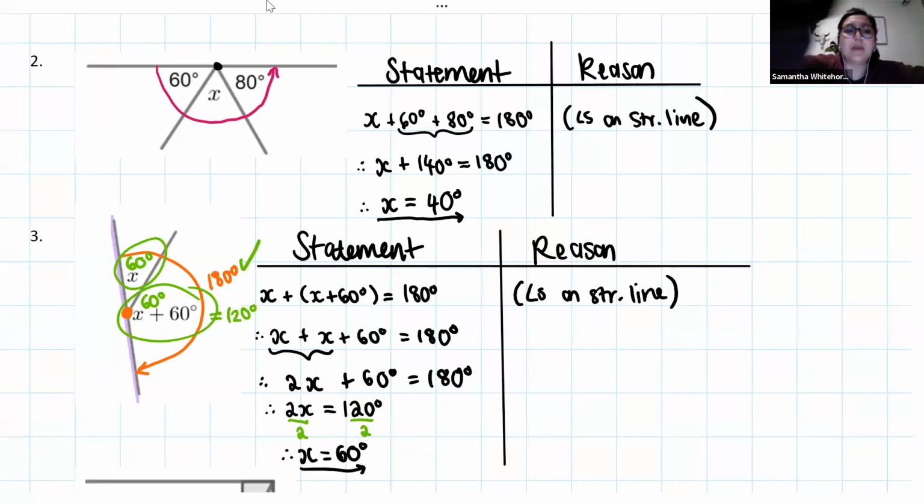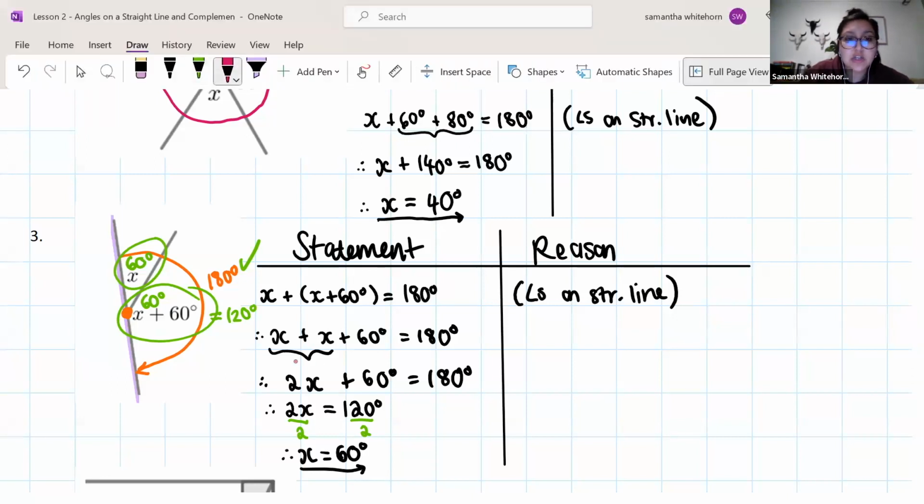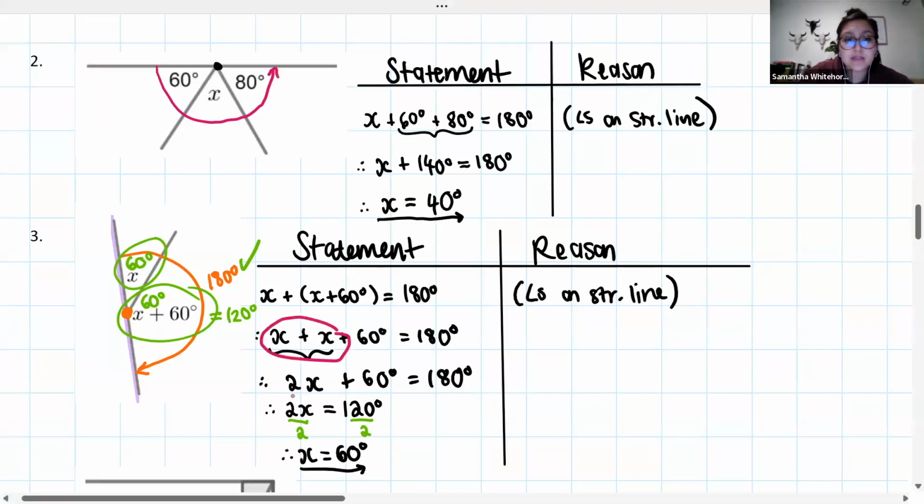So remember, I'm not timesing anywhere, but I am dividing. Because I've got two x's here, the coefficient of x becomes 2. And because I want to solve just for x, I have to divide the 2 away. Does that make more sense? Yes, ma'am. Okay, perfect.